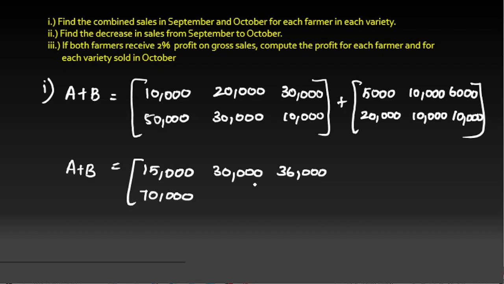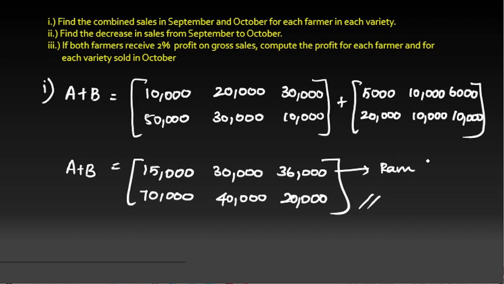Then 30,000 plus 10,000 is 40,000. Next, 10,000 plus 10,000 is 20,000. So that's it. This is the answer for your first subdivision. Very simple, right? This is going to be Ram Krishan's, and this is going to be Gurcharan's. Now moving on to the next subdivision.